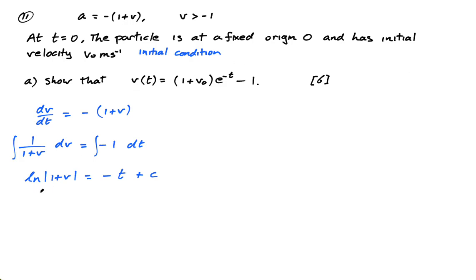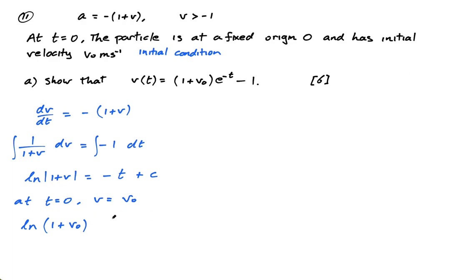Okay, initial condition. At t equals 0, v is equal to v0. That's this initial condition. So I'm going to sub this in here to get c. So I'm going to have ln of, now I'm going to remove the modulus signs at this point, ln of 1 plus v0. And again, I can remove them because v is greater than -1. You could write that here if you wanted to, but it's not actually required.